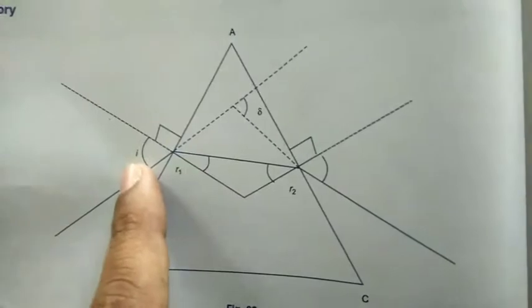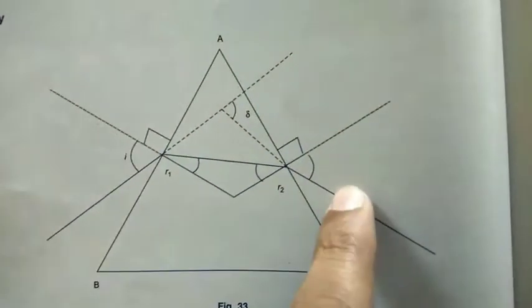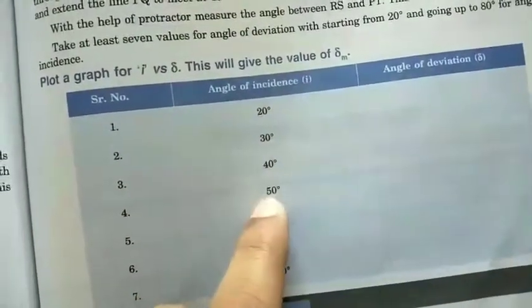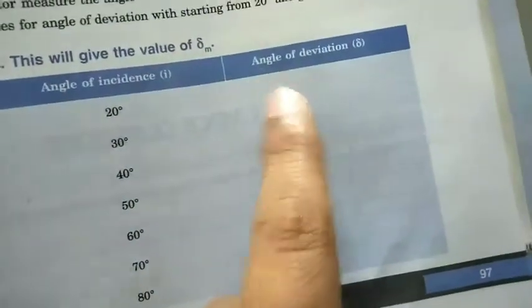So we have to calculate the angle of deviation for angles of incidence of 20 degree, 30 degree, 40 degree, 50 degree, 60 degree, 70 degree and 80 degree.